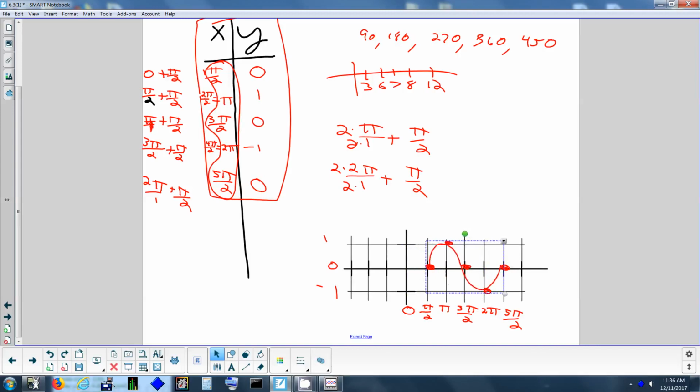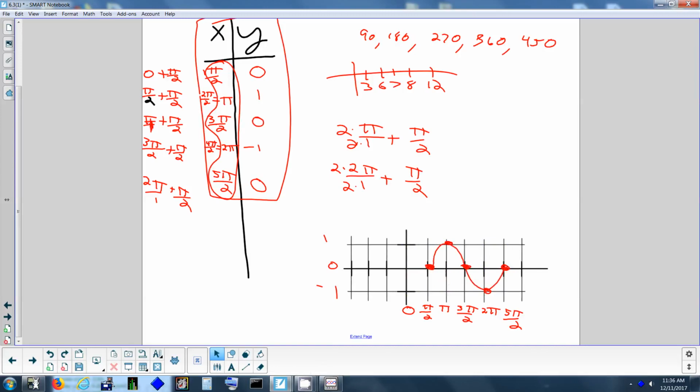This one has been shifted to the right. How much? Pi over 2. Any questions on that? So that's a phase shift by 90 degrees to the right.